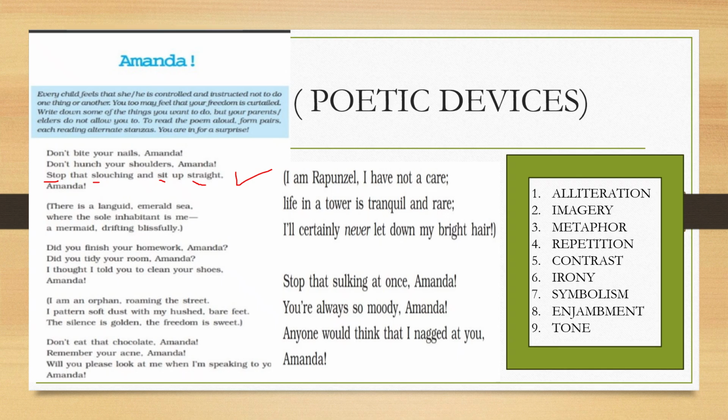S is a consonant, that's why the poetic device is alliteration. And one more in the last stanza, first line: "stop, sulking." S is repeating here also, so this is alliteration too.